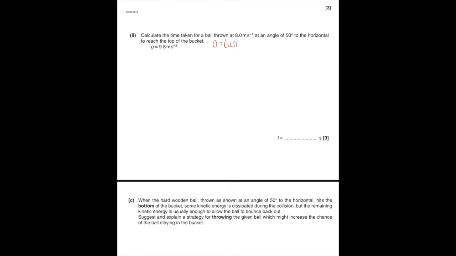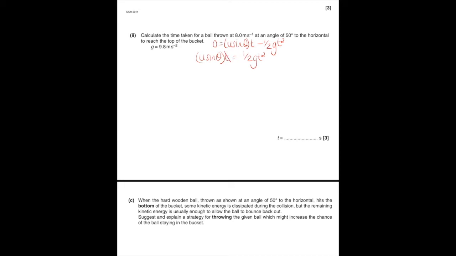So now you're having to use that expression to allow us to find the time taken for the ball when thrown with 8 meters per second at an angle of 50. Okay, so if we start by rearranging this, we can say that u sin theta t is equal to half g t squared.